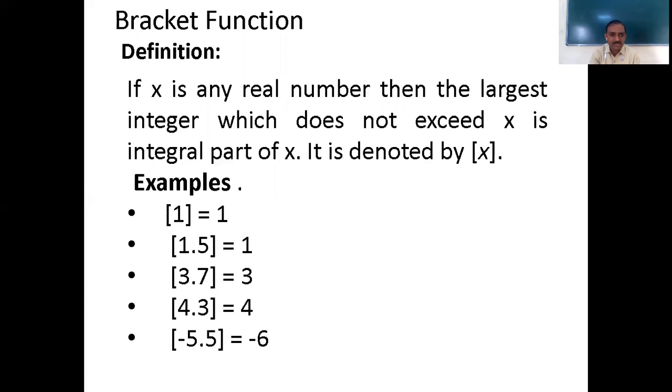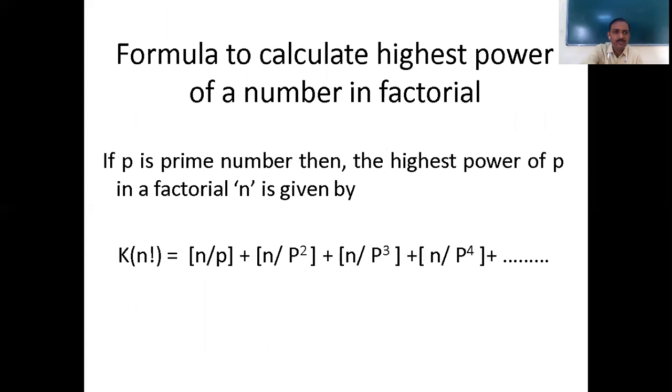Examples: bracket of 1 is 1, bracket 1.5 is 1, bracket 3.7 is 3, because we have seen in the definition that it is the largest integer which does not exceed x, so 3.7 gives 3 only. Bracket 4.3 is 4, and bracket minus 5.6 is minus 6.